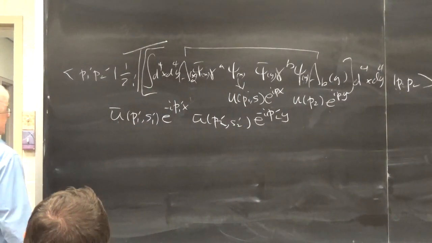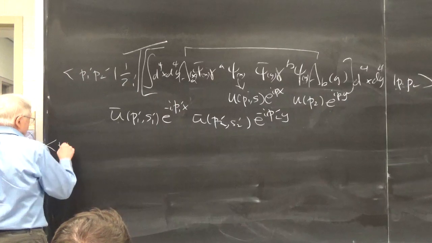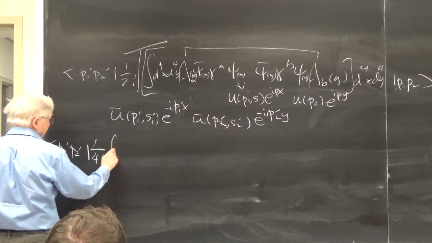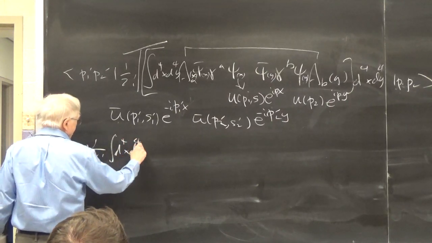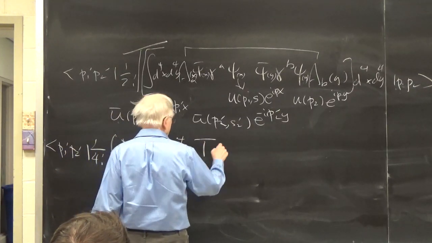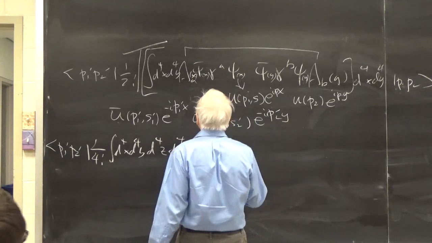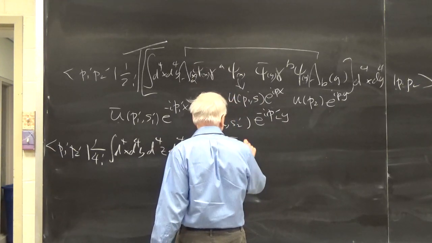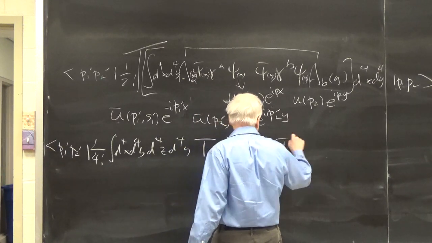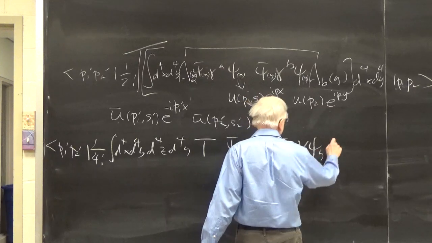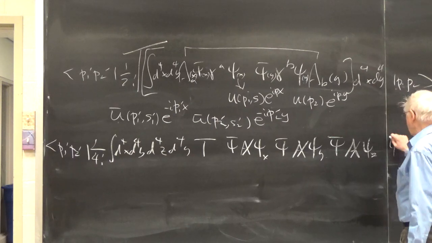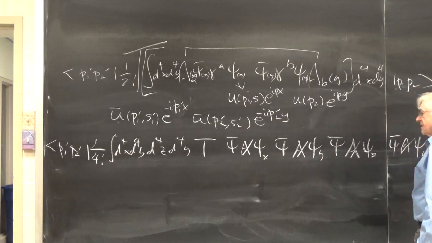Then on the other hand, the higher order diagram is P1 prime, P2 prime, 1 over 4 factorial integral d4 x, d4 y, d4 z, d4 w, time-ordered product of, in fact, let's just write it as psi bar a slash psi at x, psi bar a slash psi at y, psi bar a slash psi at z, psi bar a slash psi at w.